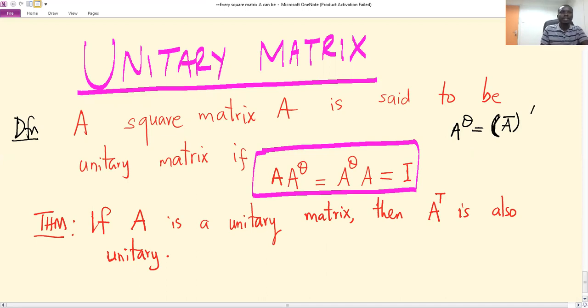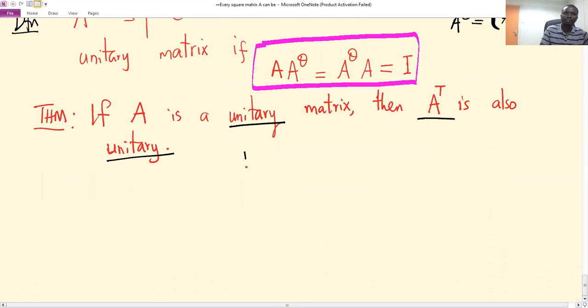Now there's a theorem that if a matrix A is unitary, then its transpose is also unitary. Now let's quickly prove this theorem.